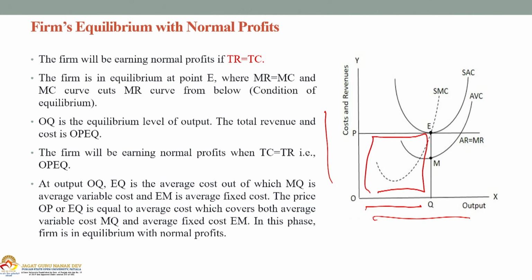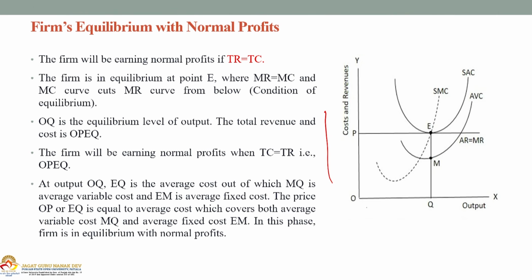OPEQ. This is total cost and total revenue. There is no difference between total cost and total revenue area. So there will be normal profits where total cost is equal to total revenue. That is OPEQ.